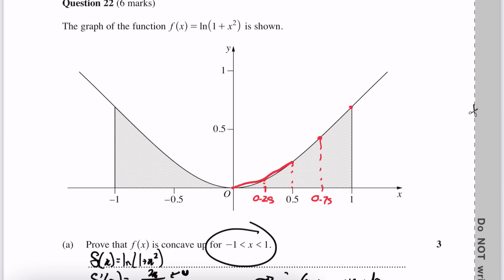You can probably already see by the way that I'm constructing these lines that we are overestimating, okay? And the reason why is, we should know that when our graph is concave up, we overestimate, and when it's concave down, we underestimate.